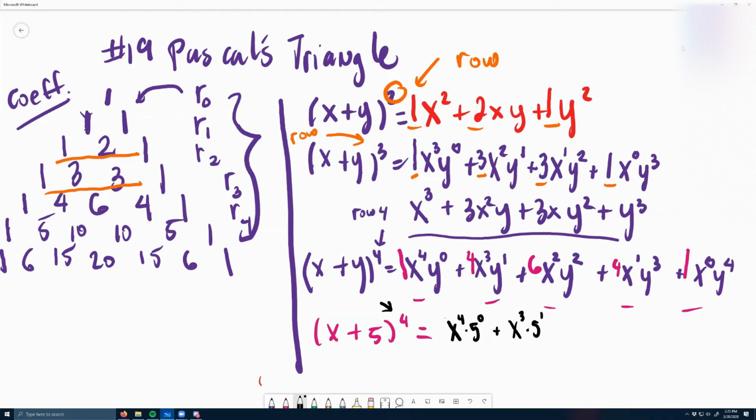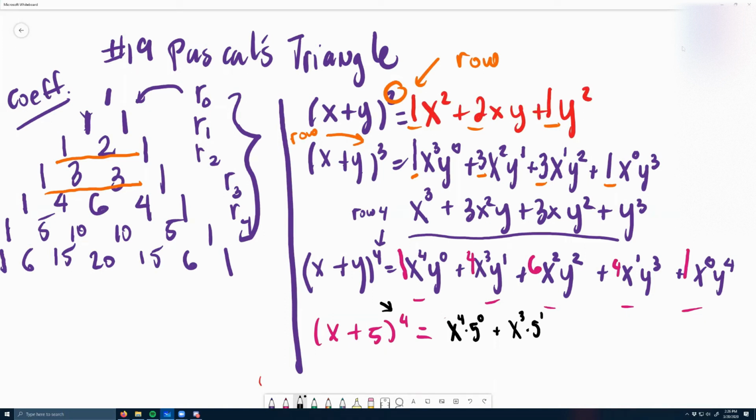Why is it 0? Why is what 0? This 0? Again, the pattern goes: the first term, the x, starts at this term here, the 4. The second term starts at 0. So these go from 4, 3, 2, 1, 0, and then the y's go from 0, 1, 2, 3, 4.